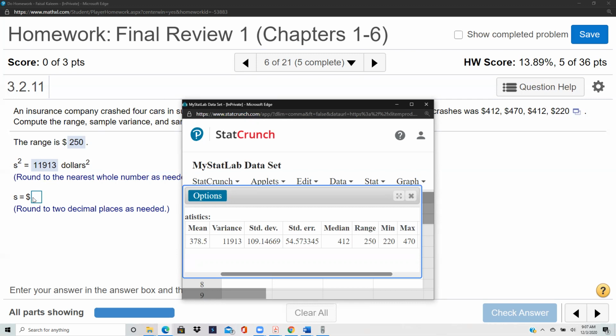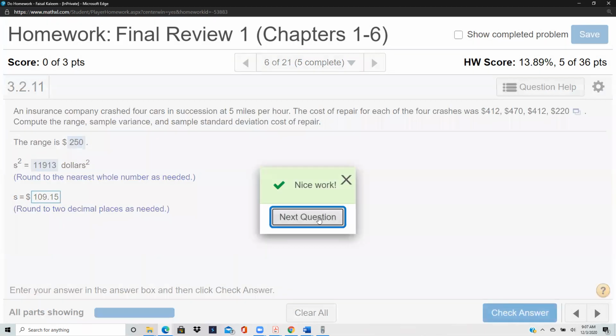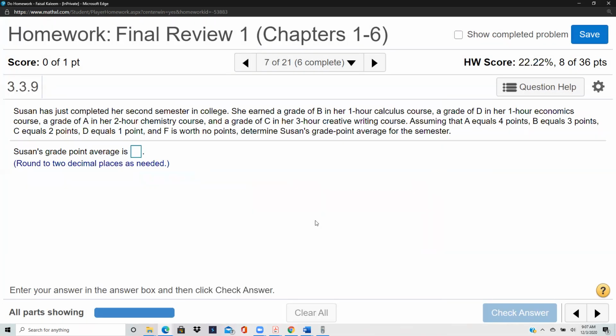Yeah. So standard deviation is 109.15. Okay.